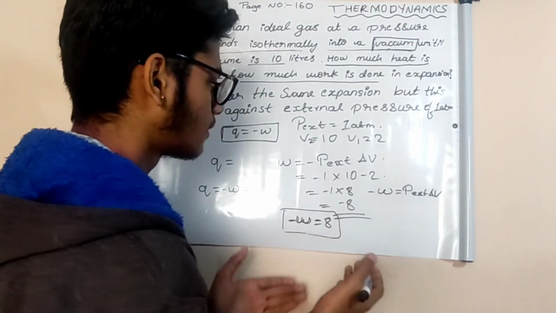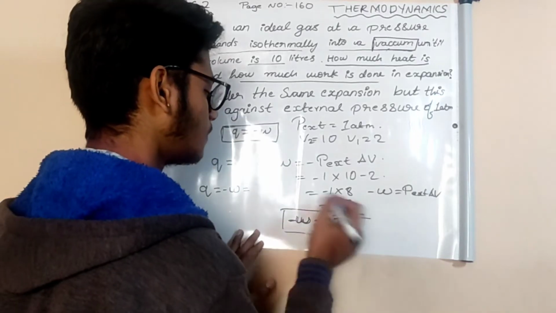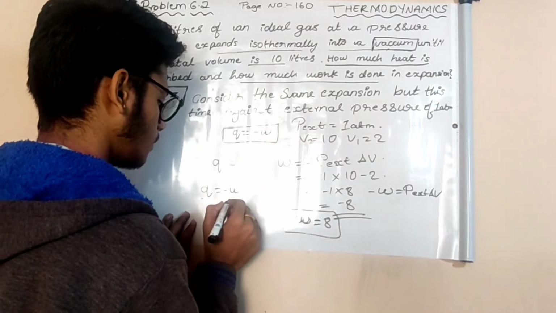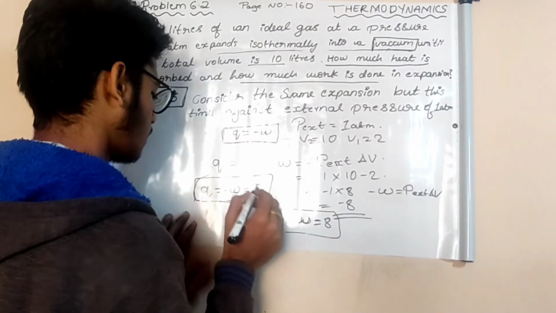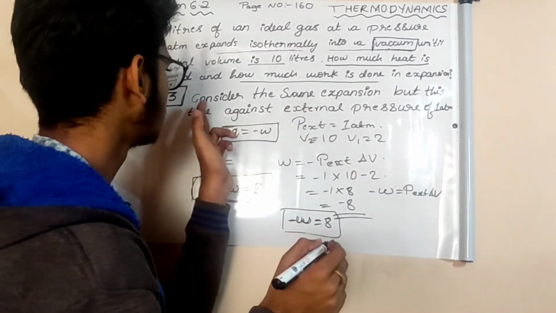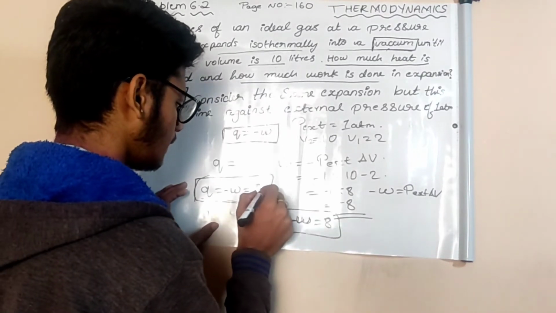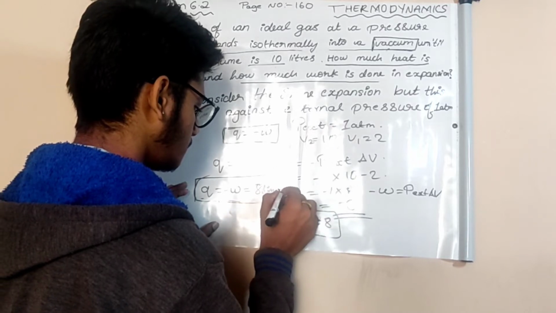Send this side. So Q equals minus W equals 8. So the work done and the heat supplied to the system in 6.3 is 8 liter atm.